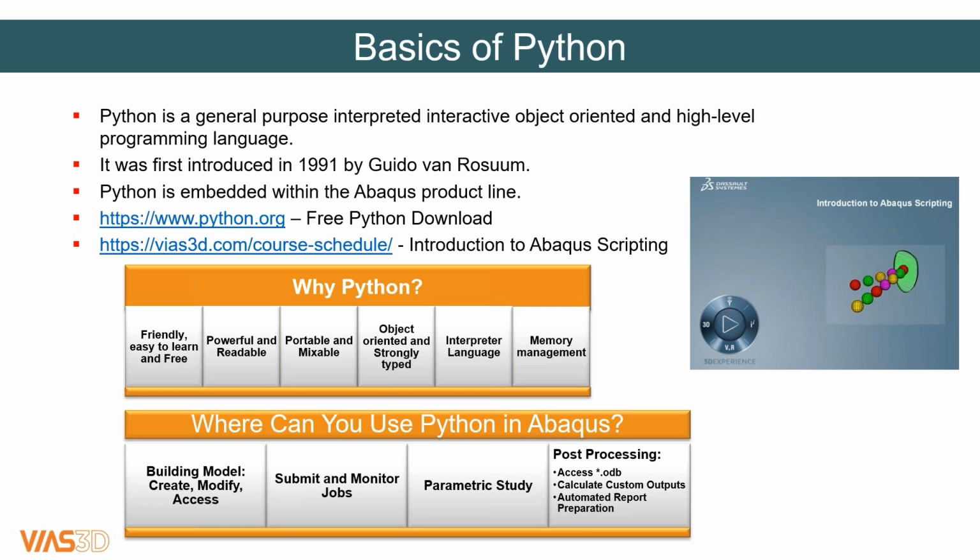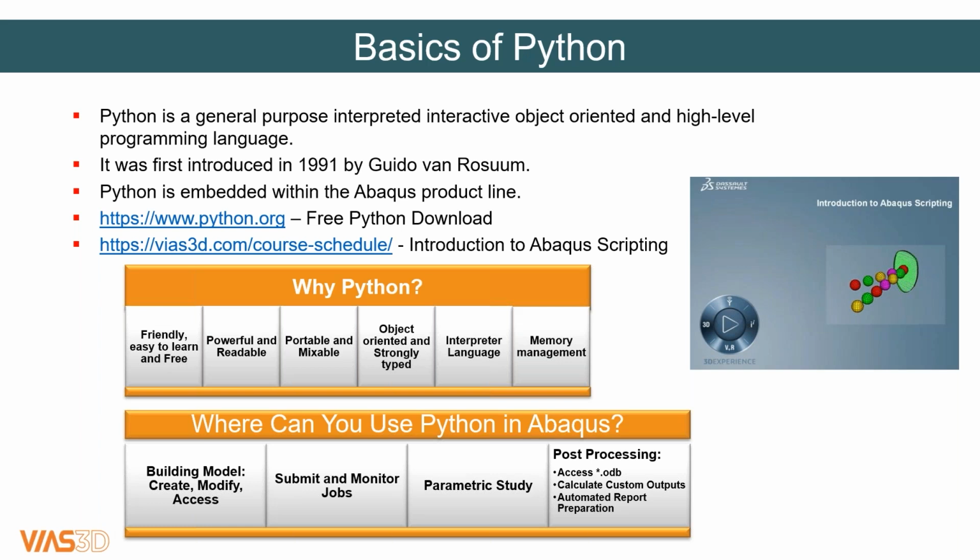Python, most people are familiar with it at this point. It's a very popular, general purpose interpreted language. You can download a free version of Python if you want to play around with it a little bit more. There are different free distributions as well.